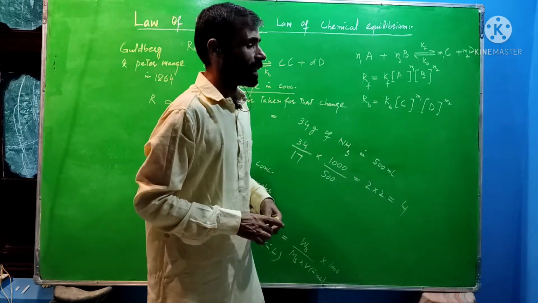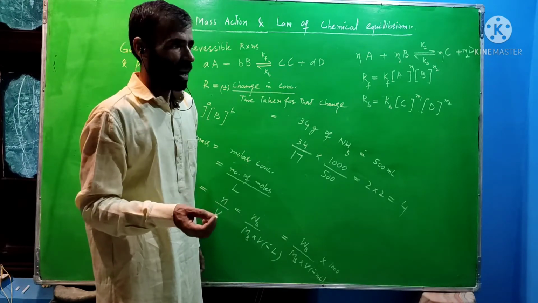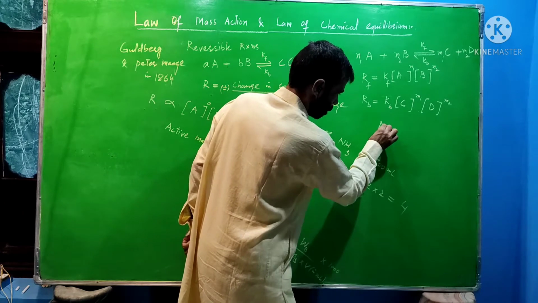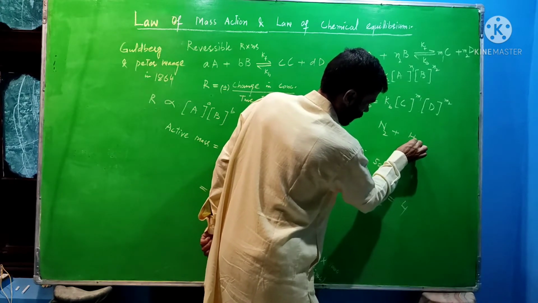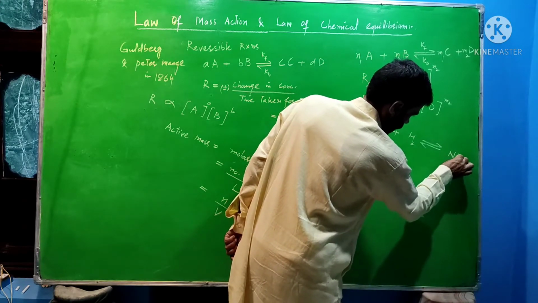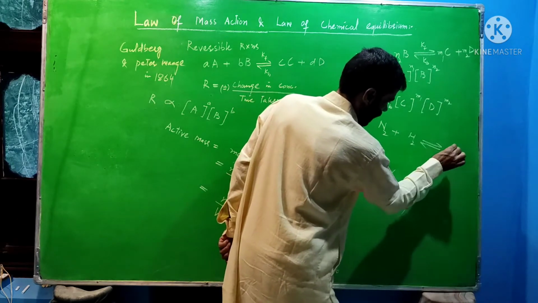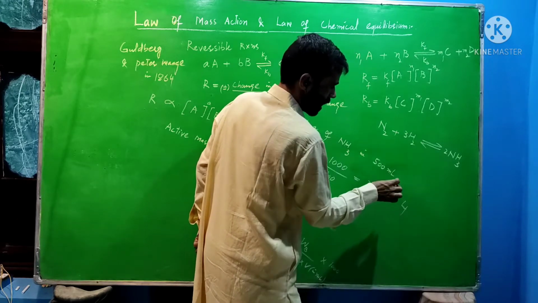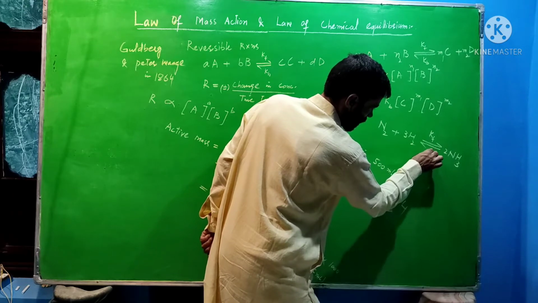If I have taken this reaction as an example, similarly we can apply the law of mass action for any reaction. For example, take N2 plus H2 leading to the formation of NH3. If we balance this reaction, there are 2 NH3, so I multiply by 2, and 3 2s are 6 hydrogens, so 3H2. This has Kf and this has Kb.